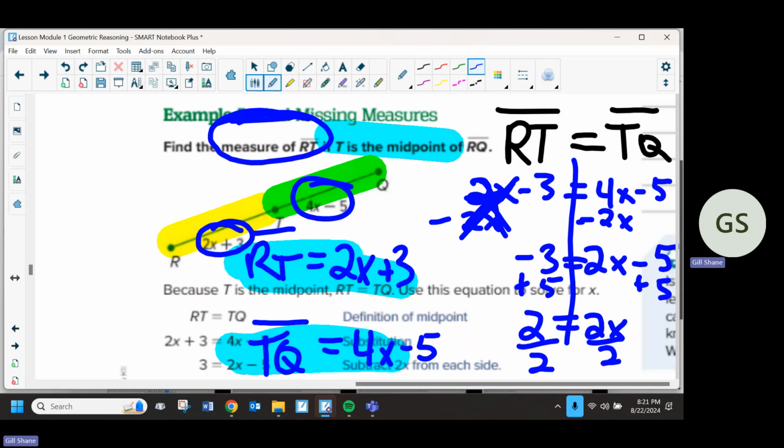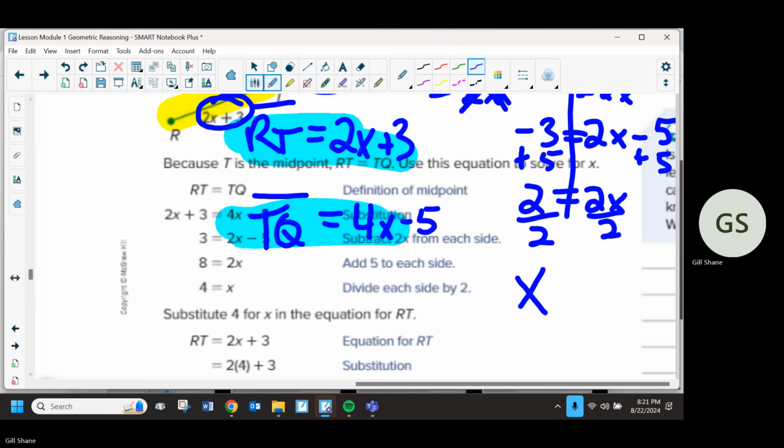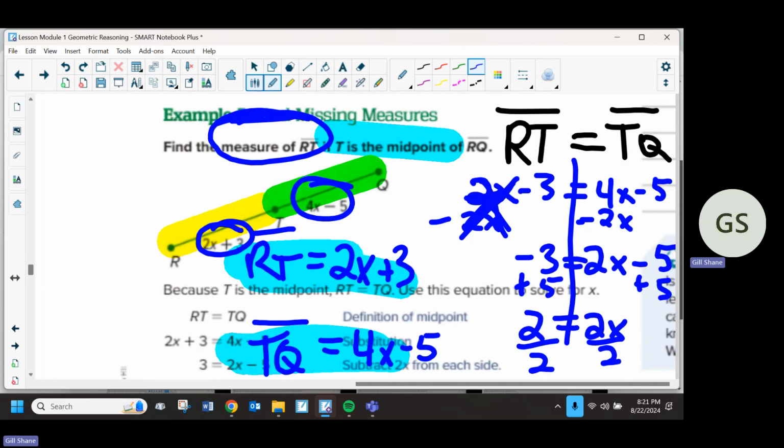So x equals 1. But again, they did not ask for x. They asked, what is the measure of RT? Well, we said right here, RT is 2x plus 3.